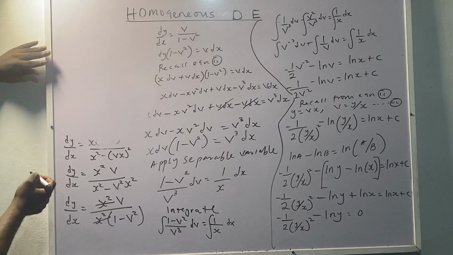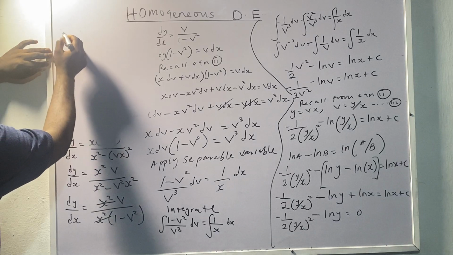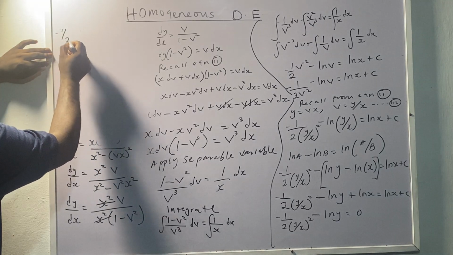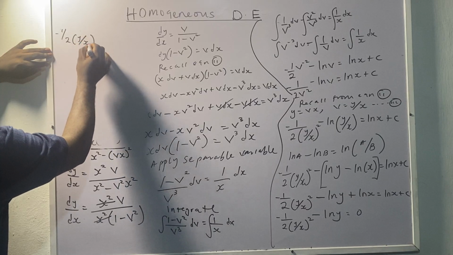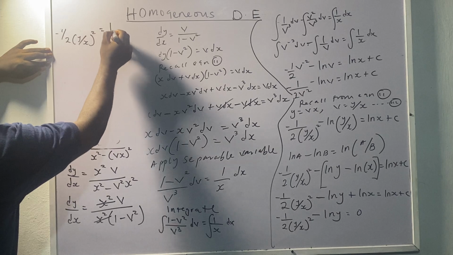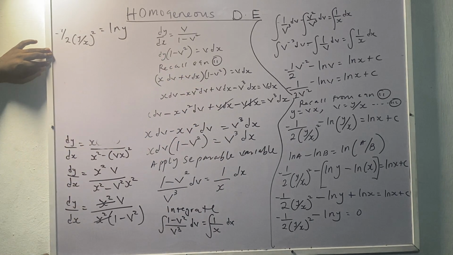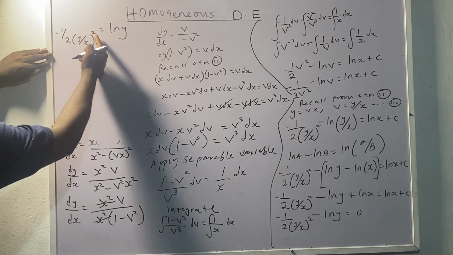Now I can have my minus equals to my ln y. So I could decide to put my constant here.